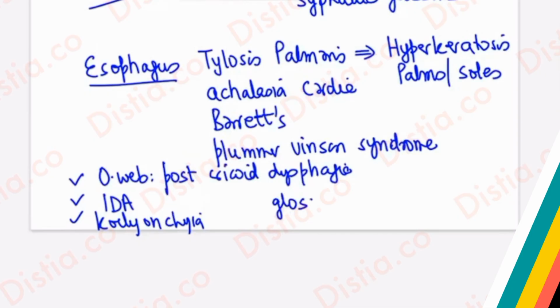So yeah, glossitis can be present, but I've not put any tick mark in front of it to highlight the fact that if they ask you to select the triad that is seen, then your primary answer would be given as esophageal web, iron deficiency anemia, and coilonychia.